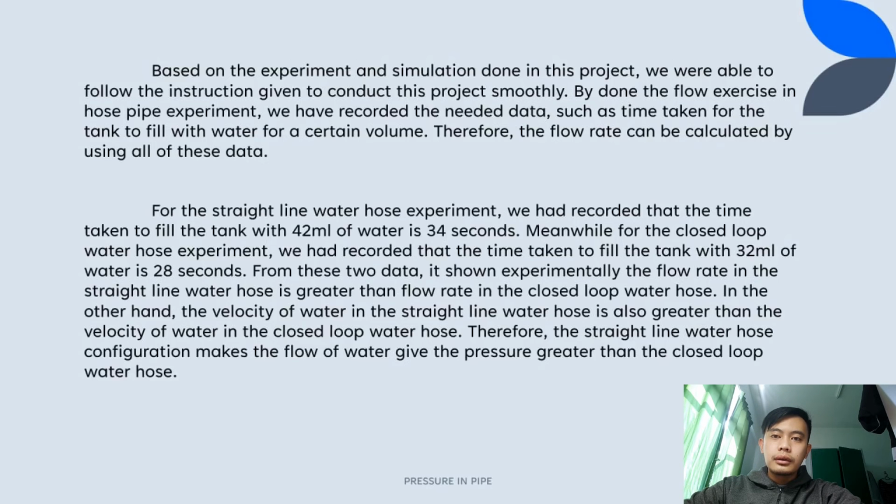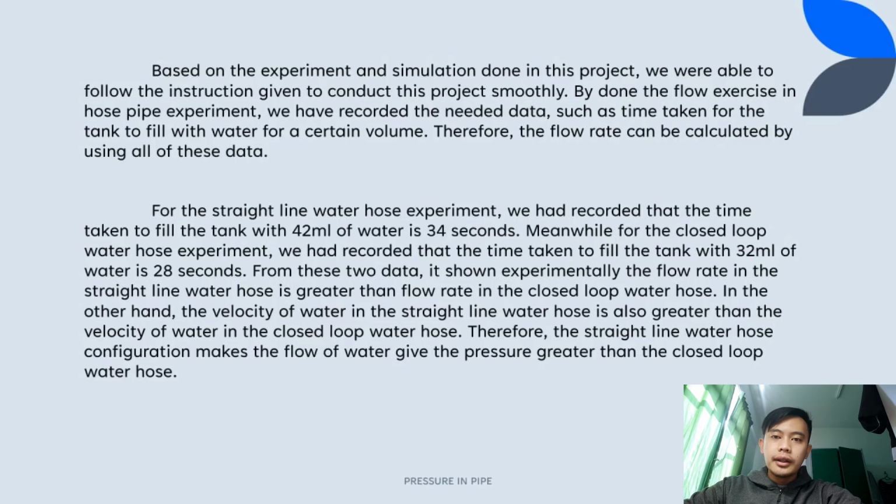Meanwhile, for the second, the closed loop water hose experiment, we recorded that the time taken to fill the tank with 32 ml of water is 28 seconds. From both of these data, it shows experimentally that the flow rate in the straight line hose is greater than the flow rate in the closed loop water hose.